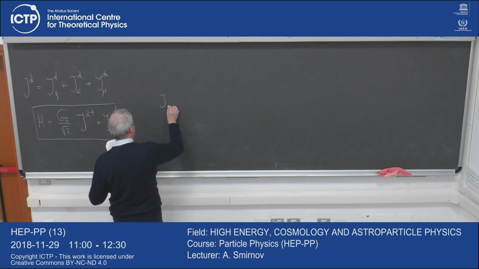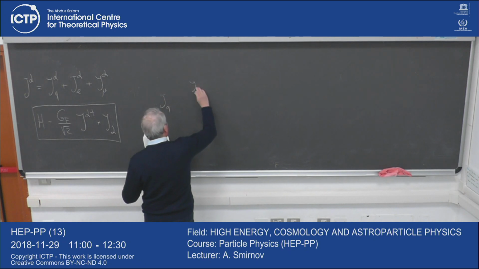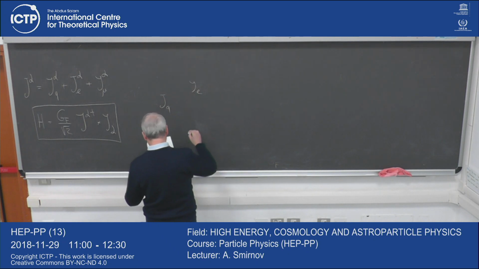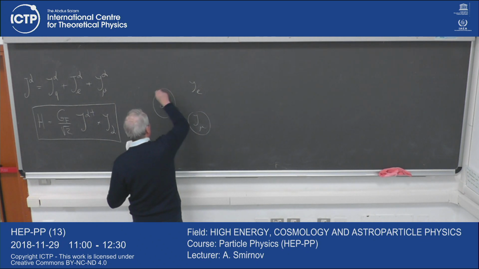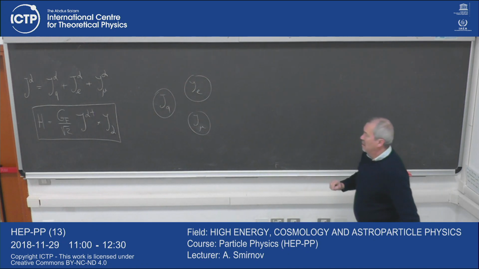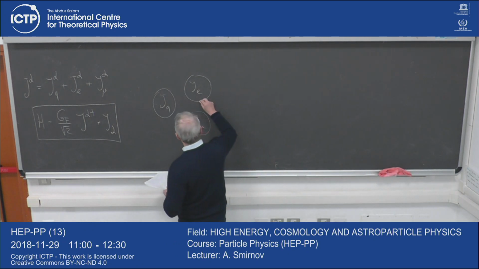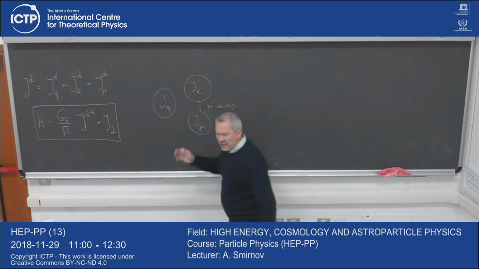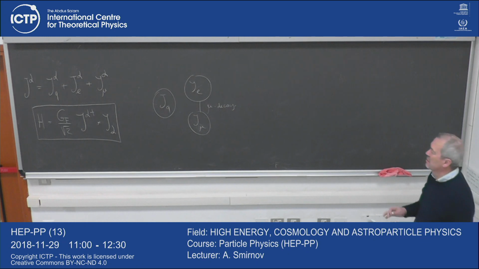We have quark current, electron current, and we have muon current. And then the processes can be characterized by products of these currents. So, for instance, this current and this give muon decay. And of course, scattering of electron neutrino or muon neutrino on electron, for instance, also follows from this.